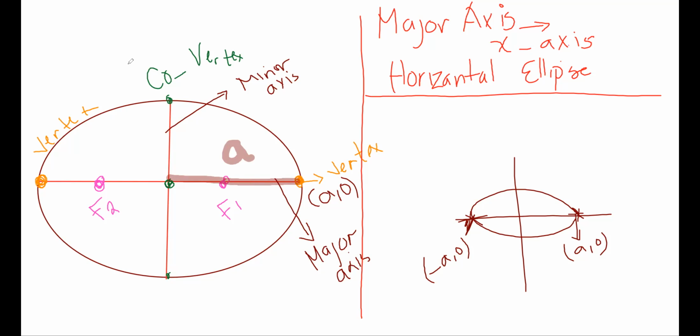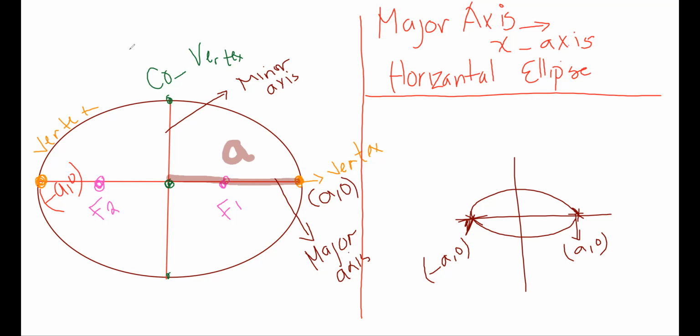So because of that, the coordinates of the vertices will be A0 and negative A0. So the vertices here are A0 and negative A0.